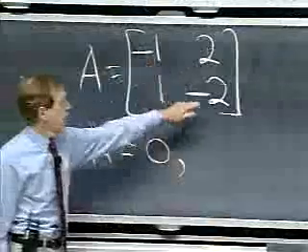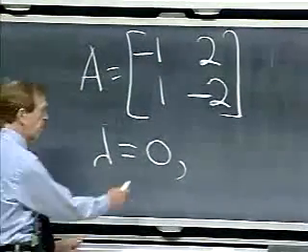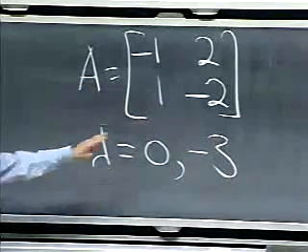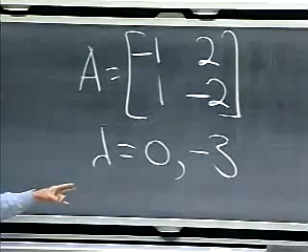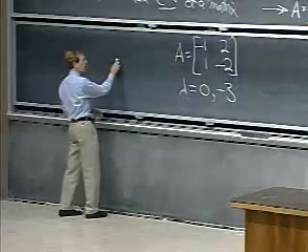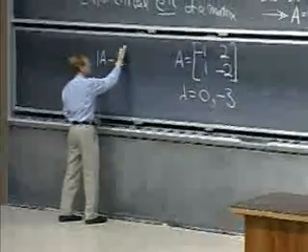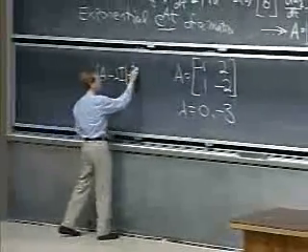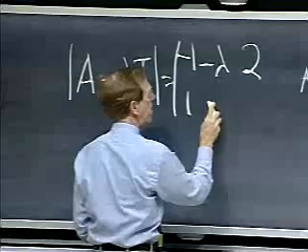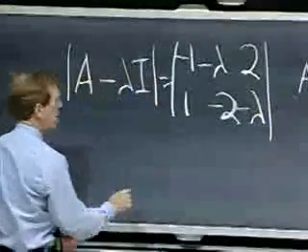I look at the trace. The sum down the diagonal is -3. That has to agree with the sum of the eigenvalues, so that second eigenvalue better be -3. I could, of course, compute the determinant of A minus lambda I, the determinant of this -1 minus lambda, 2, 1, -2 minus lambda matrix. But we know what's coming.